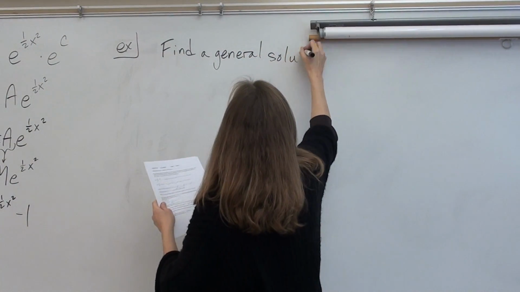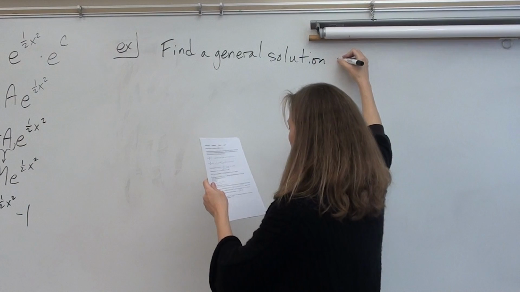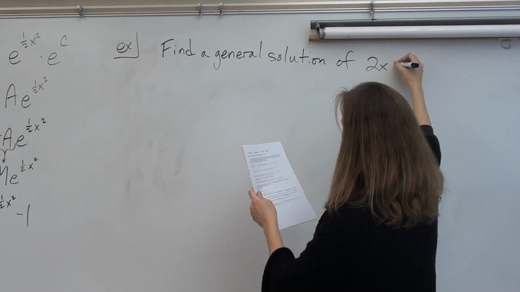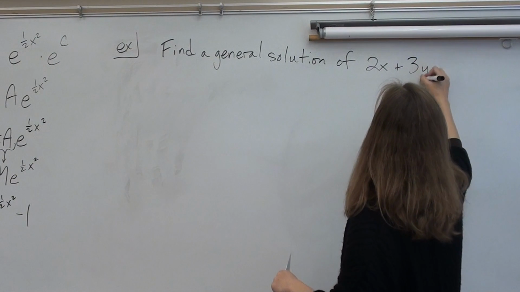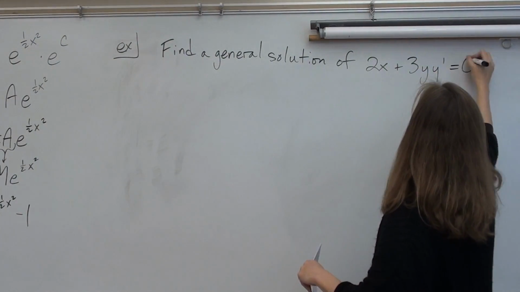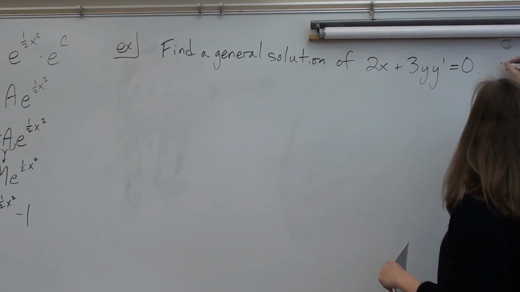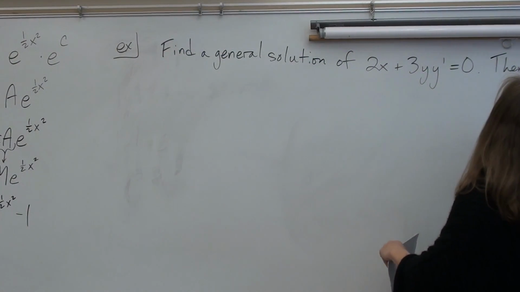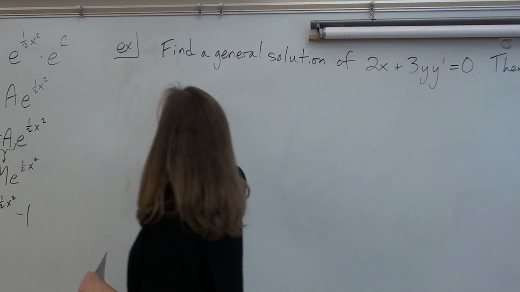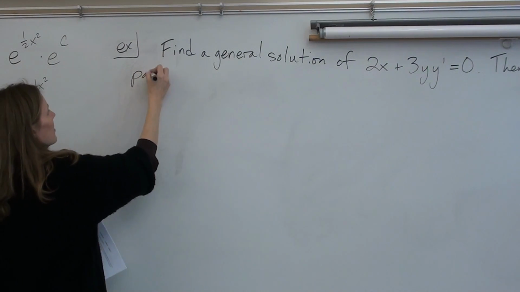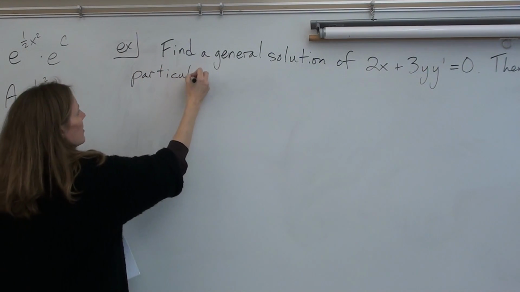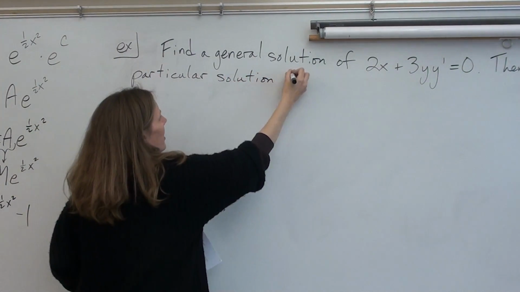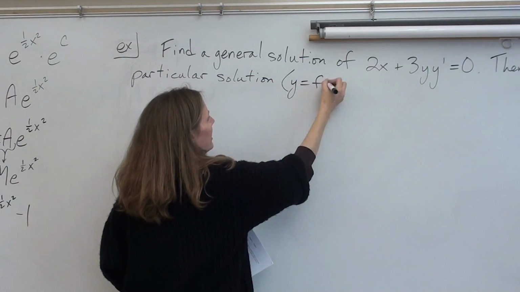All right, find a general solution of 2x plus 3y y prime equals 0. Then find the particular solution, and I'm going to write y equals f of x.